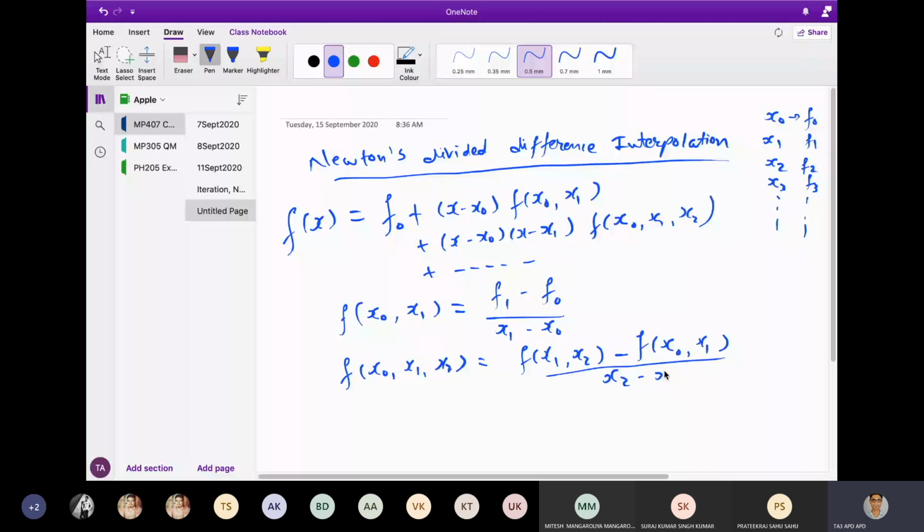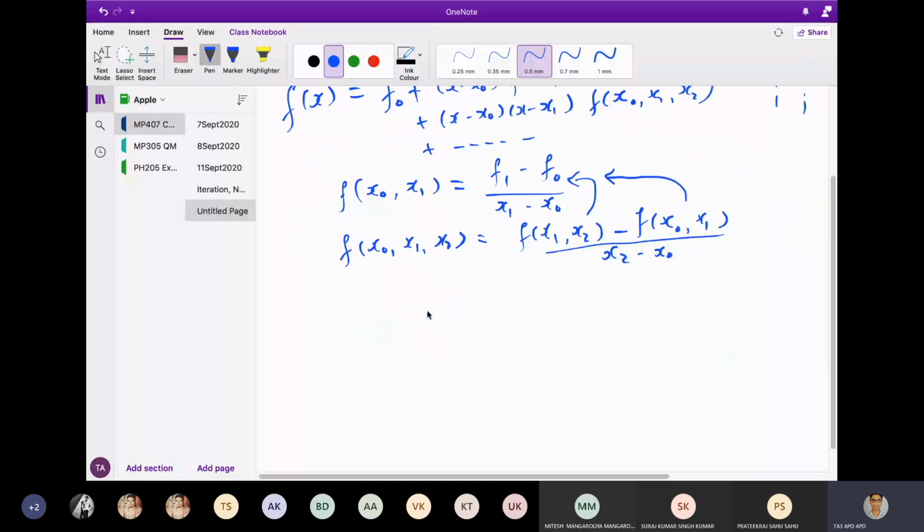All right. And similarly, if you have third x3, then you will have f of x1, x2, x3 minus f of x0, x1, x2. And again, both of these will have this type of formula. All right. So one can obtain such type of estimates from the given data.